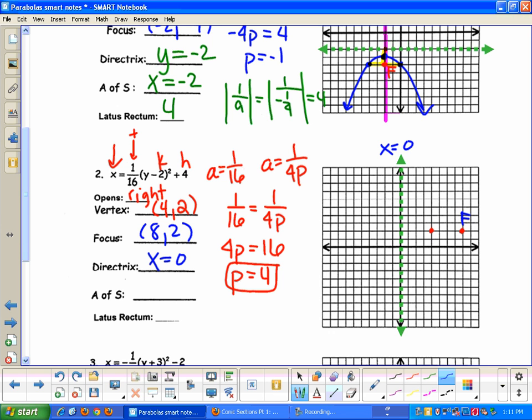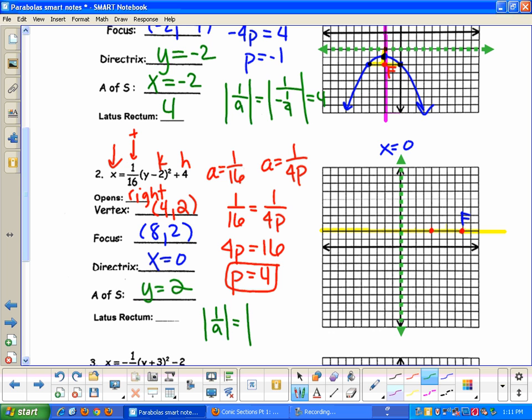The axis of symmetry is going to be the line that cuts my parabola in half, so it would be the same on both sides, which is going to be now this line, which is different from parabolas that open up or down. So that's going to be now the y-coordinate of my vertex, so y equals 2. The latus rectum, remember, is going to be the absolute value of 1 over a.